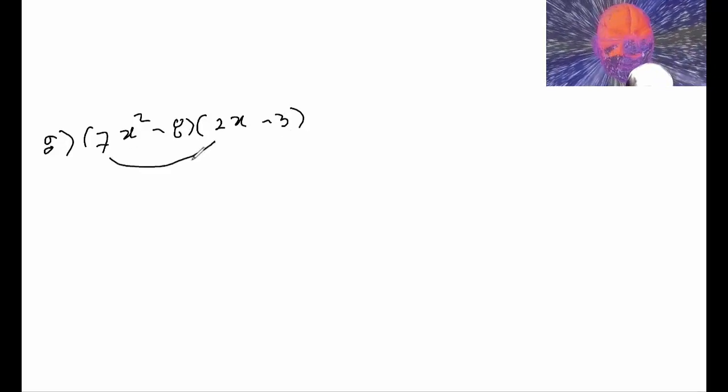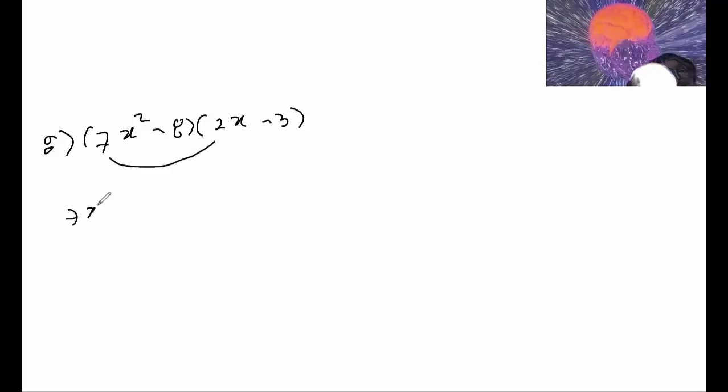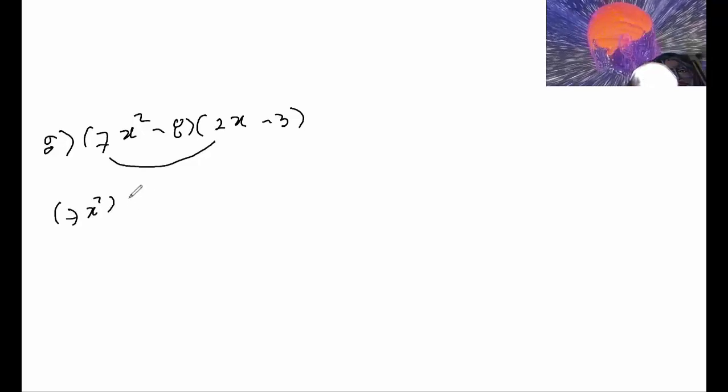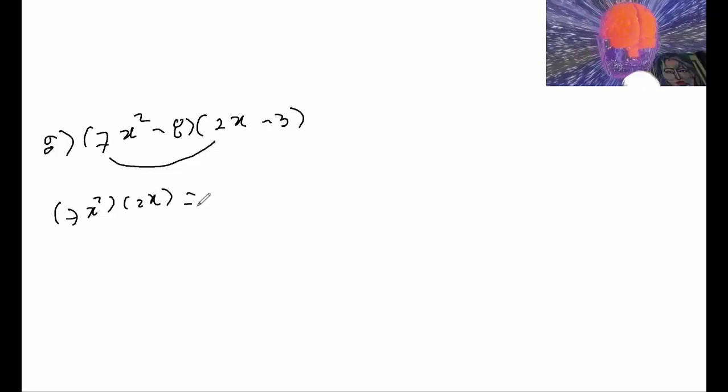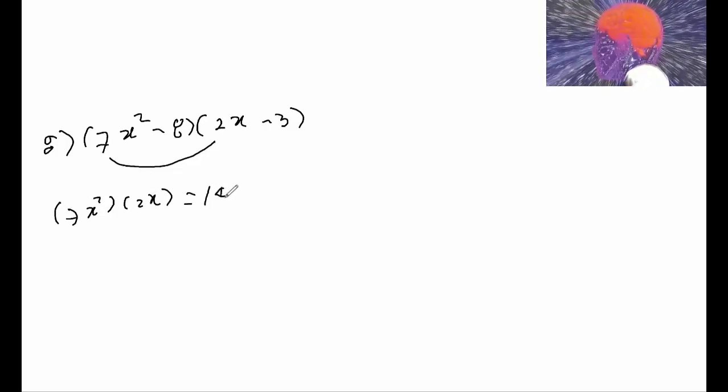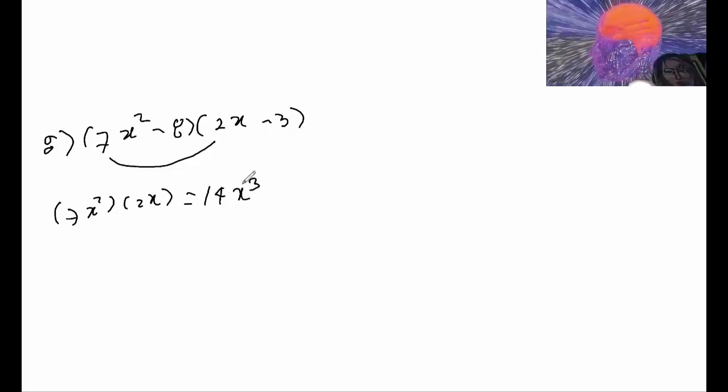So we do the same thing, 7x squared times 2x, and that will give us 14x cubed.